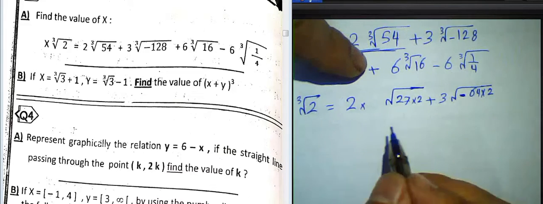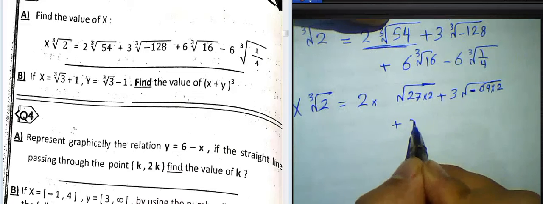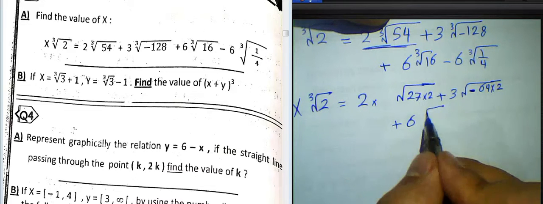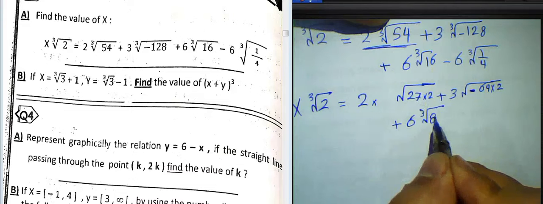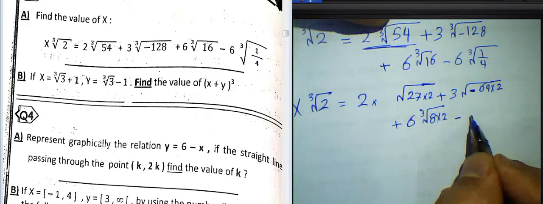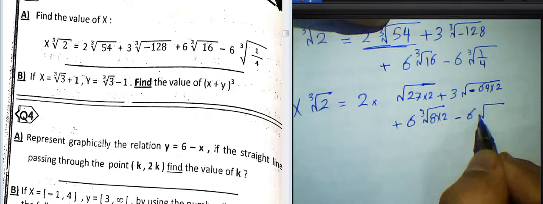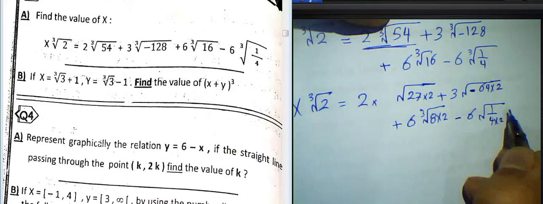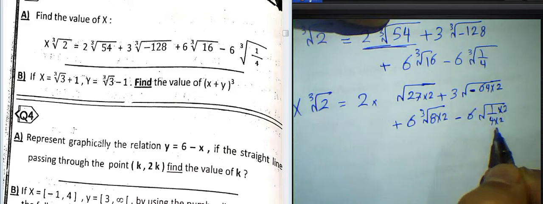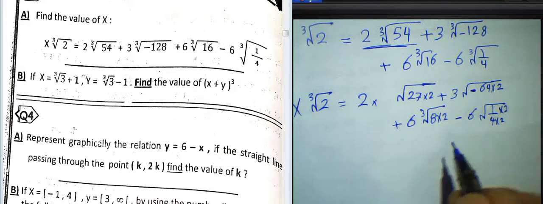And we complete here plus 6 multiply cubic root of 16, which equals 8 multiplied by 2, subtract 6 multiply the cubic root of 1 over 4. We multiply numerator and denominator by 2 to make the denominator 8.